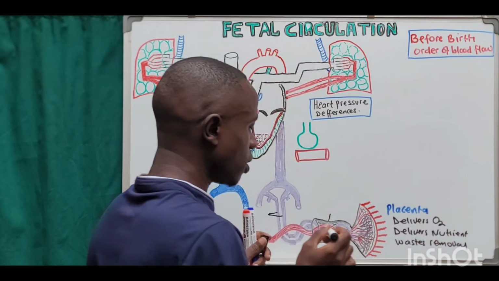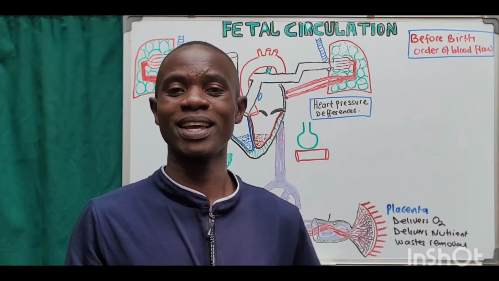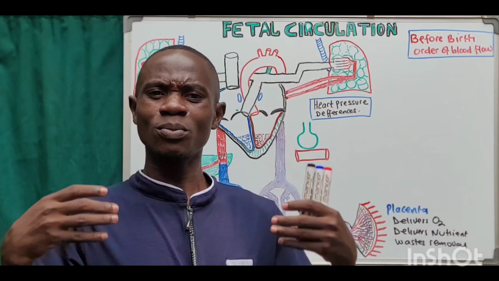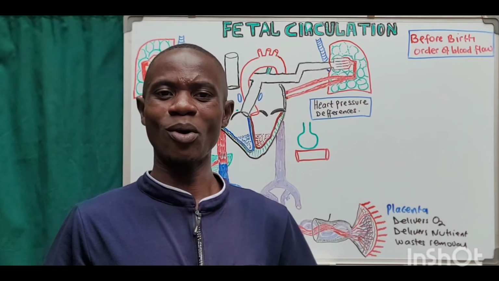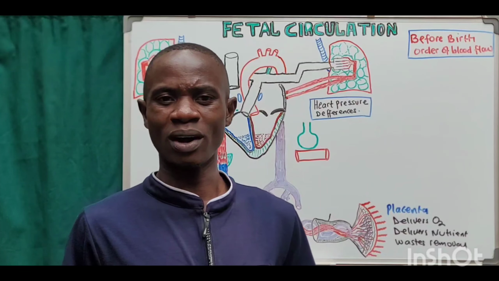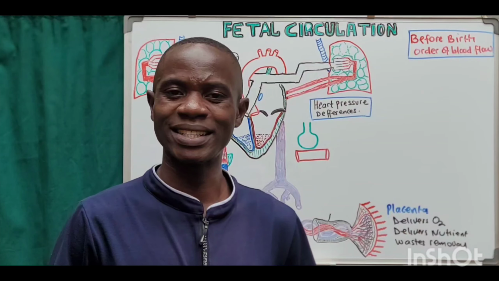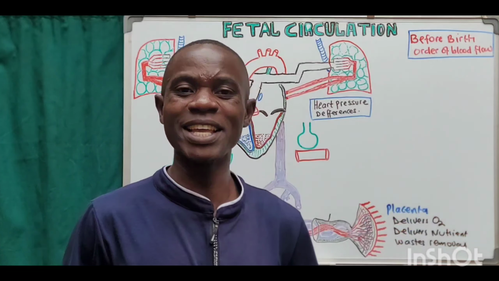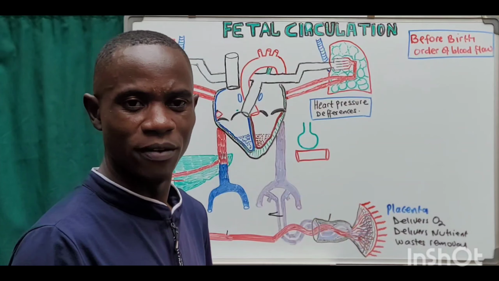Because of that, the placenta serves the role of the kidneys, the lungs, and the GIT, because during that time all those structures are not functional. For that reason, the placenta does everything during that time, until the baby leaves the uterus and those structures start working independently.